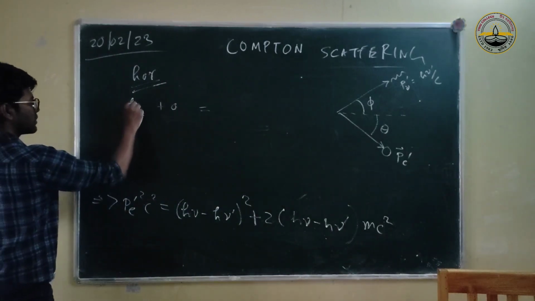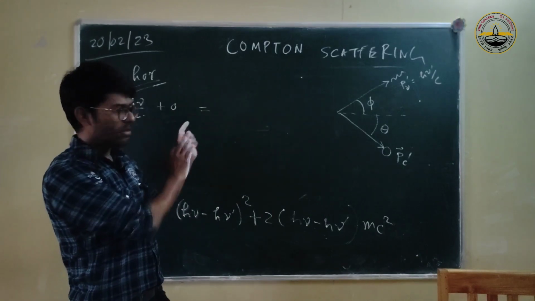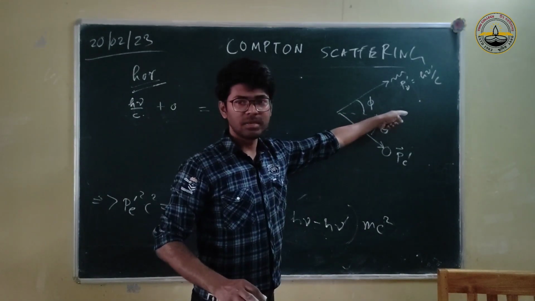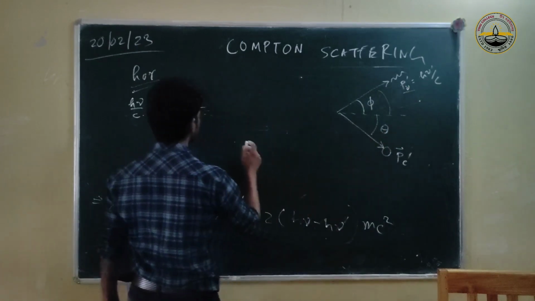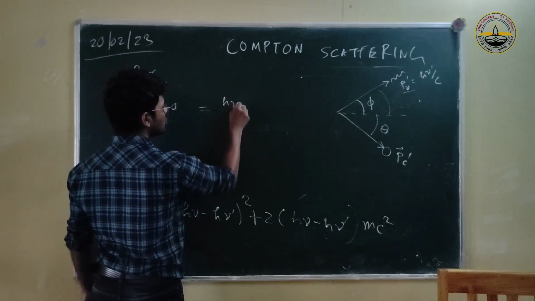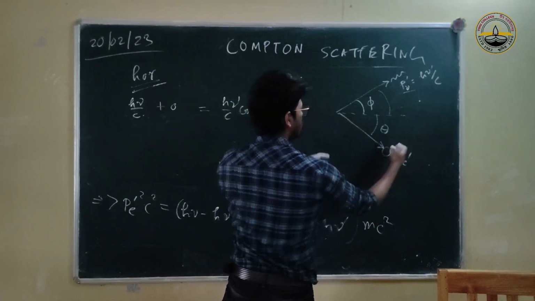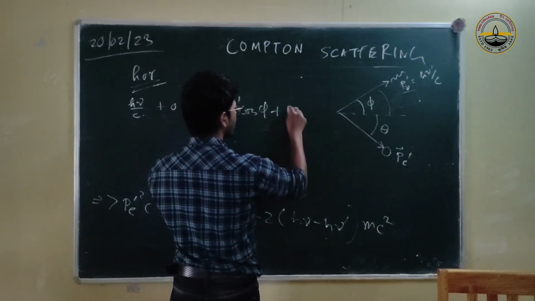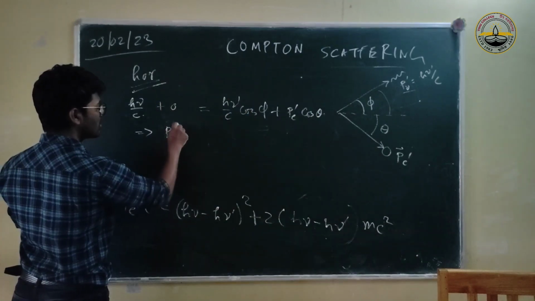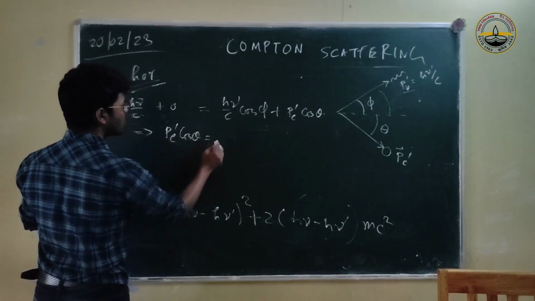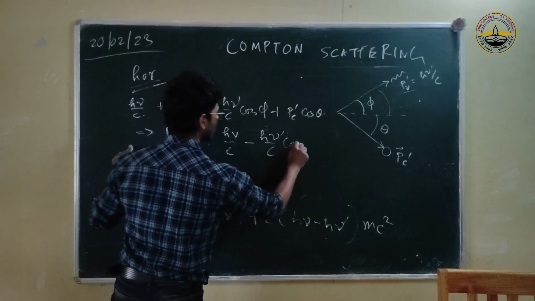p nu is, I told you, h nu by c. So in the x direction, we are now considering horizontal. What is the total momentum in this direction now? p nu prime cos phi, which is h nu prime by c cos phi, plus p e prime cos theta. That's it. p e prime cos theta equals h nu by c minus h nu prime by c cos phi.